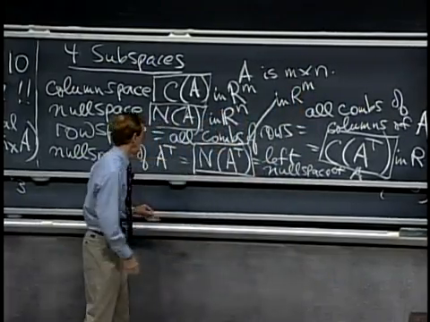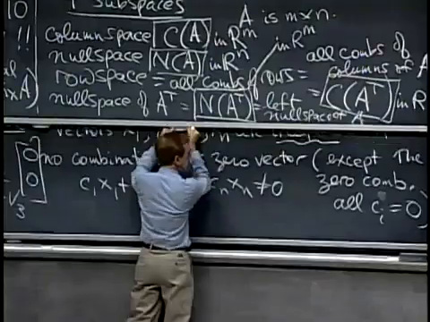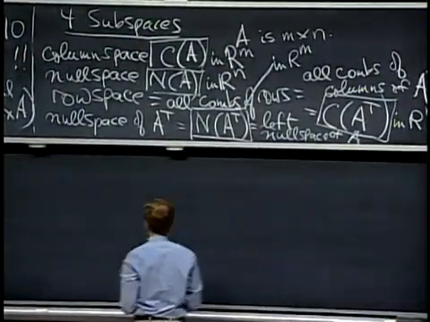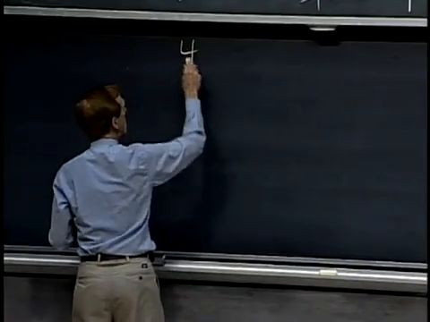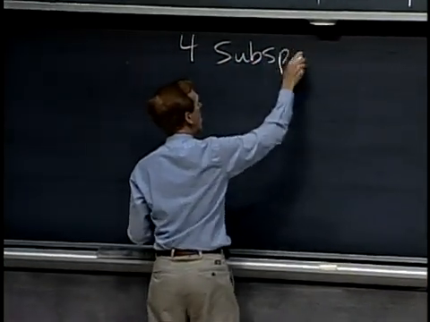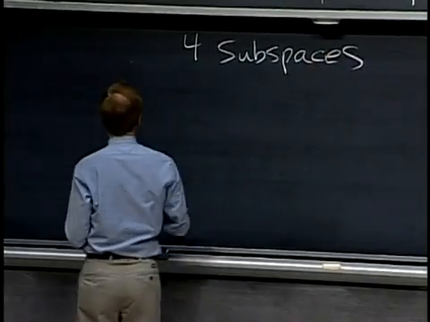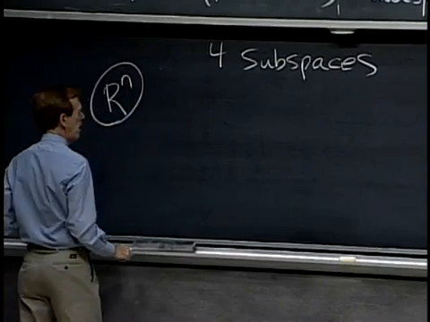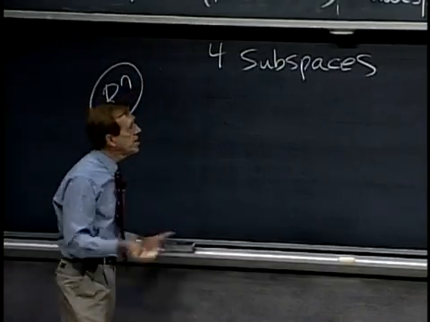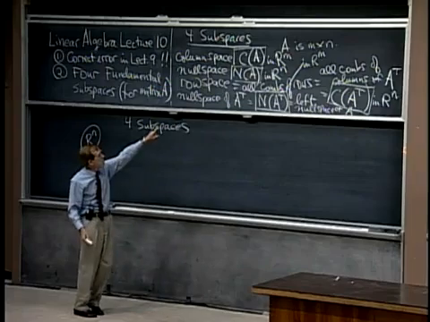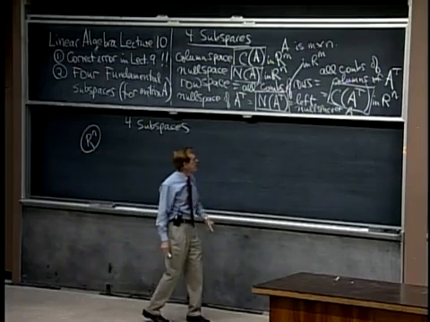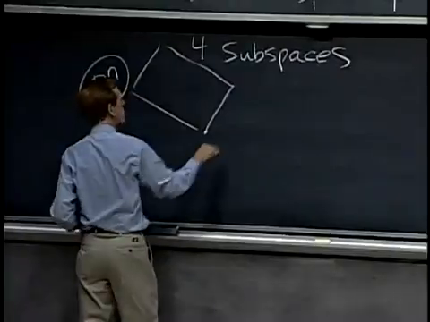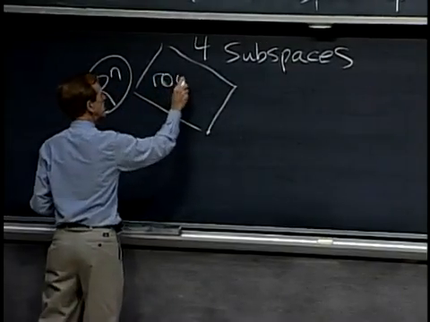I want to draw a picture of the four spaces. Okay. Here are the four spaces. Let me put n-dimensional space over on this side. Then, which were the subspaces in Rn? The null space was, and the row space was. So here we have, can I make that picture of the row space?